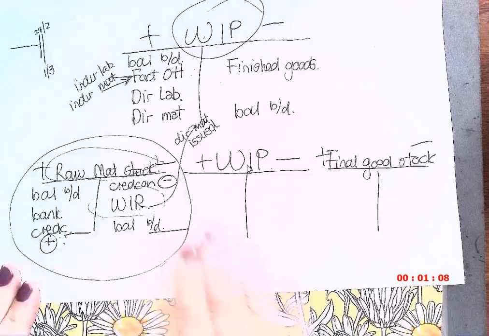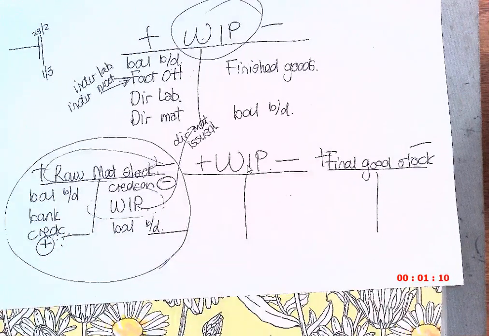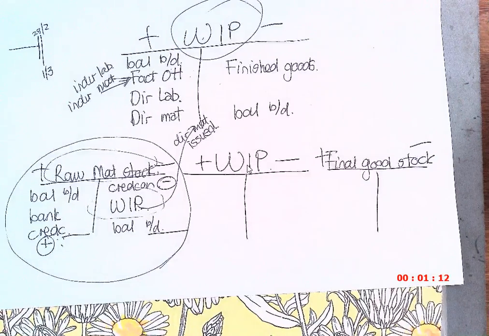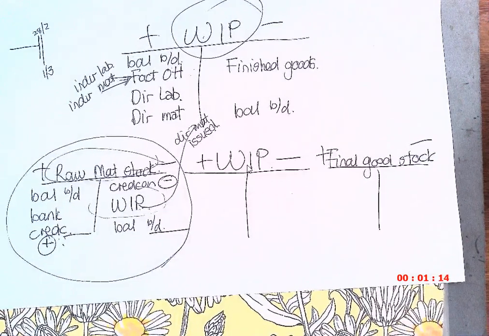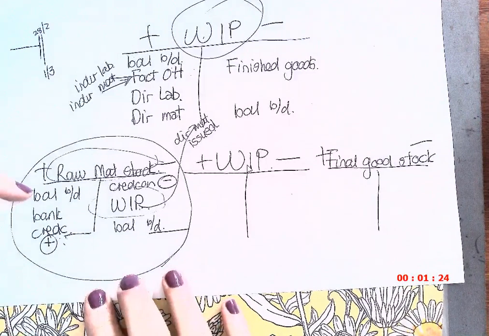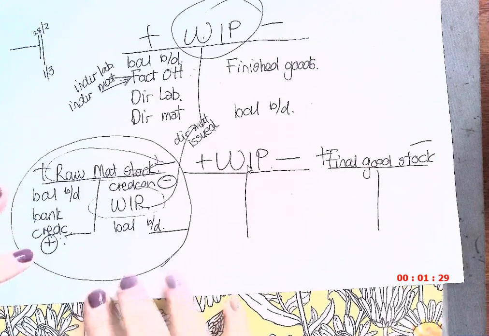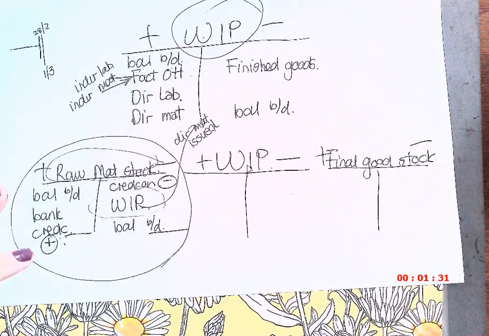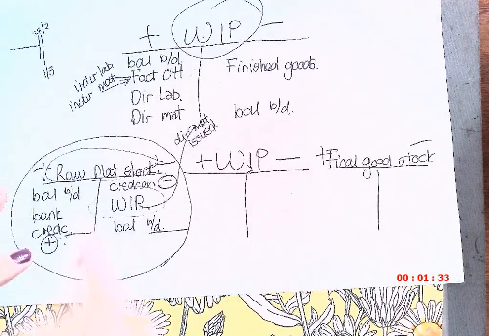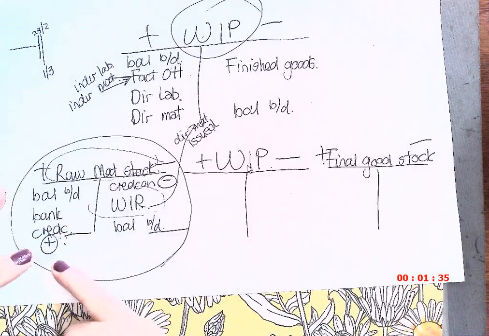And all 3 of these stocks work with the same principle. I have an opening balance, it becomes more, it becomes less, and I've got a closing balance. So if I look at the raw material, I have an opening raw material, it becomes more if I buy it. Just by the way, if there's carriage or customs, it's also added here to the price, right?